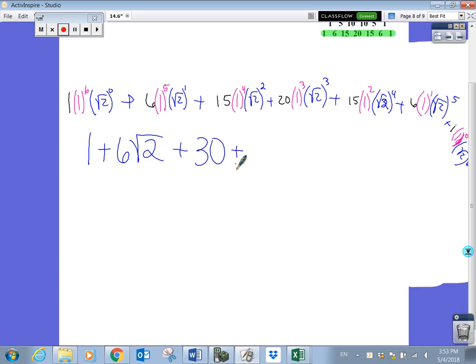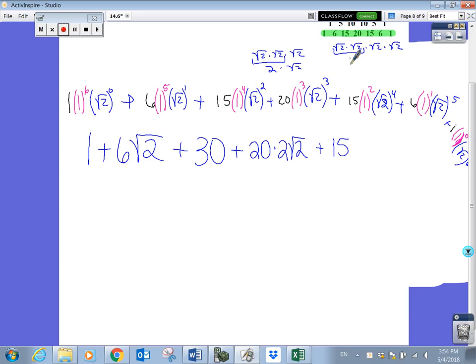Plus. Now here we have 20 times root 2 to the 3rd. So root 2 to the 3rd is root 2 times root 2 times root 2. Root 2 times root 2 is 2 times root 2. So what we end up with here is 20 times 2 root 2. So we'll simplify that in a second. Then we have plus 15. Now if we add another root 2, hopefully you'll start to see the pattern here with these root 2.